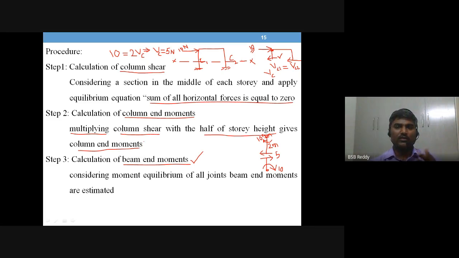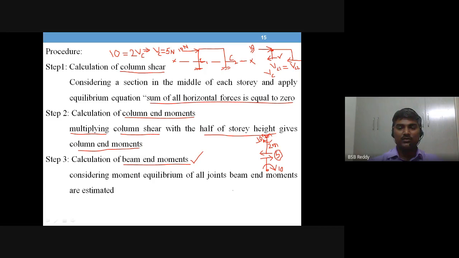Remember, as I told you, the procedure is a regular flow, and only when you know the previous quantity can you calculate the next quantity. See here, unless you know this 5, you can't calculate this as 10. That's how simple it is. So first get column shear, then get column moment, then get beam end moment, likewise.